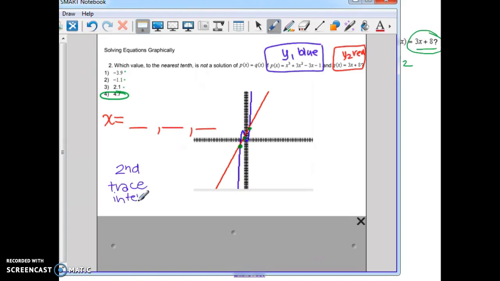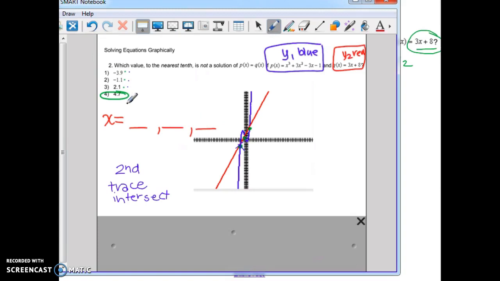When you click that, that brings up that blinking spider. Remember, you have to use the arrow keys to make the spider land right on top of an intersection point, and you press enter, enter, enter, and the calculator gives you an estimate of where they intersect.